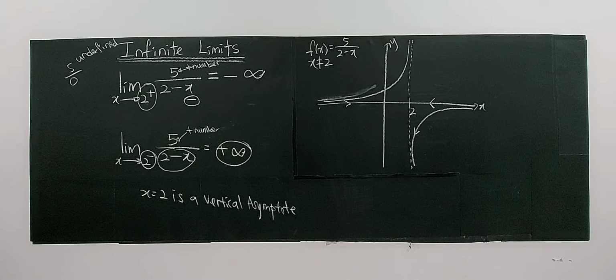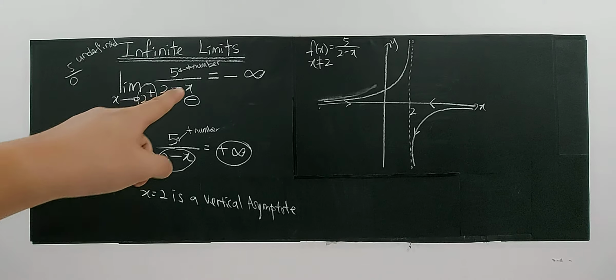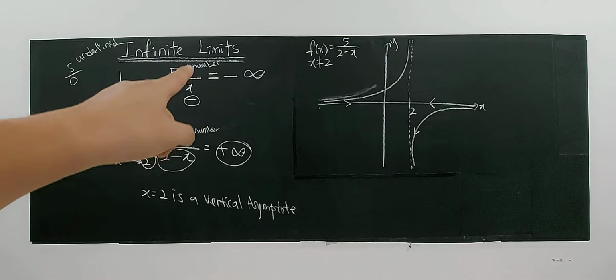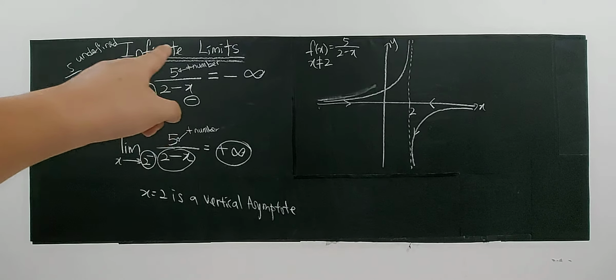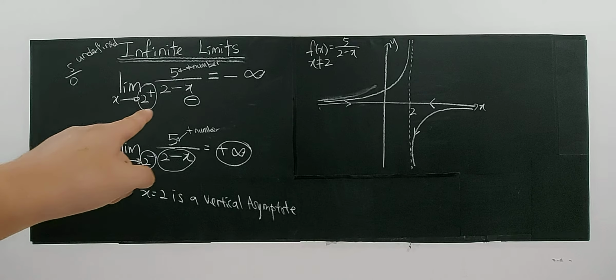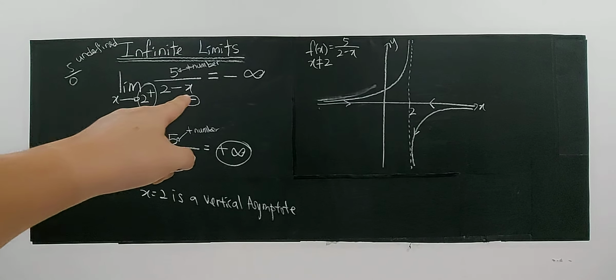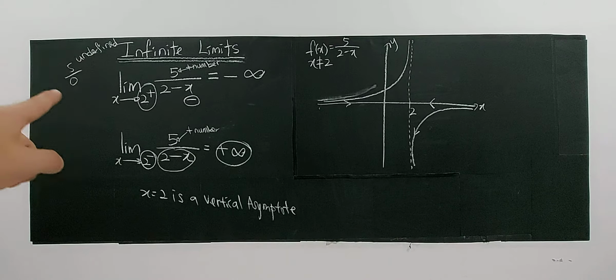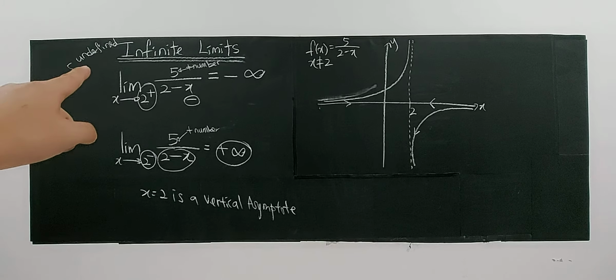All right, in this video I just introduced the concept, the meaning of infinite limits. It means there is a value on top, but when you substitute 2 into the denominator, you get 0. It's not 0 over 0, it's a number over 0.